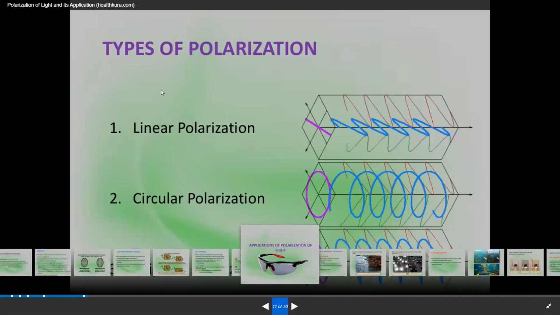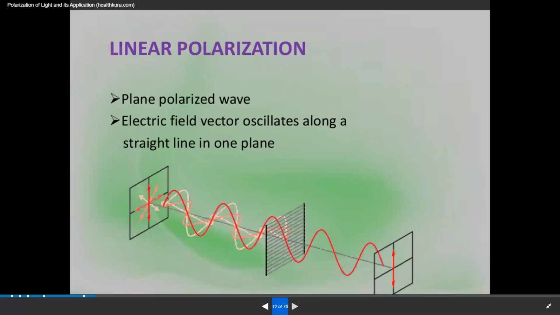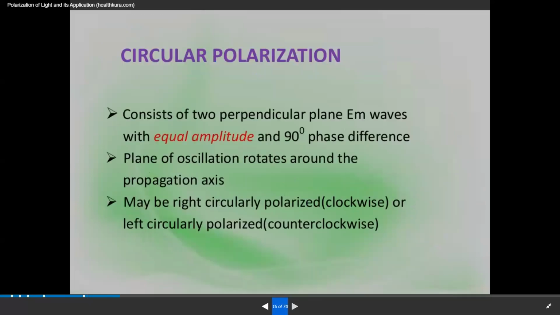And next, types of polarization. We already discussed the types of polarization. So this is linear polarization, this is circular polarization, and this is elliptical polarization. So how do we get circular polarization?